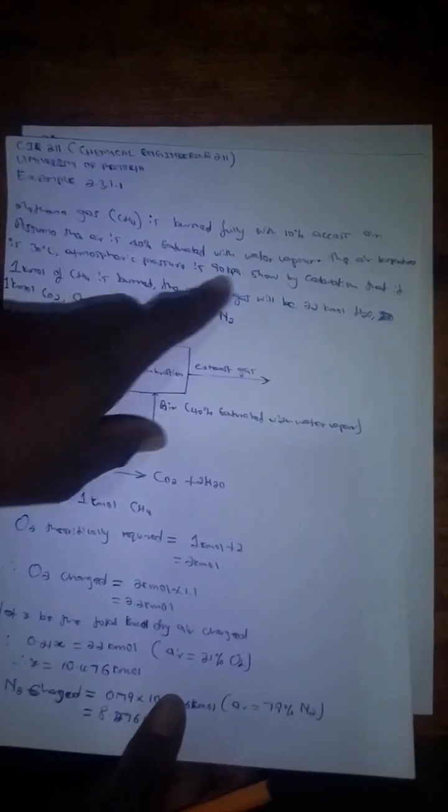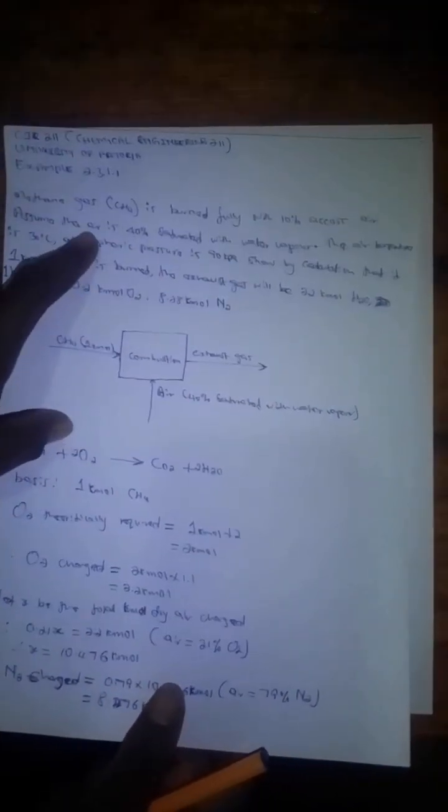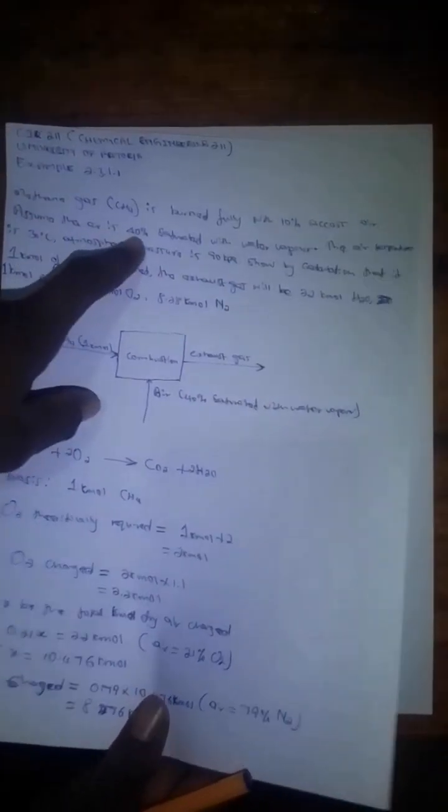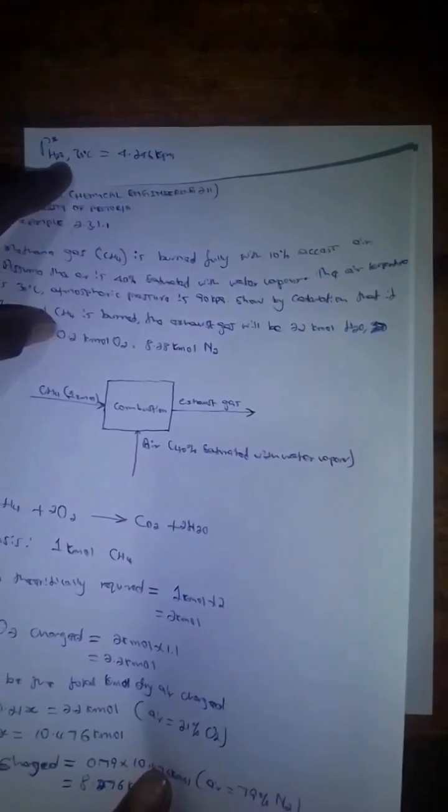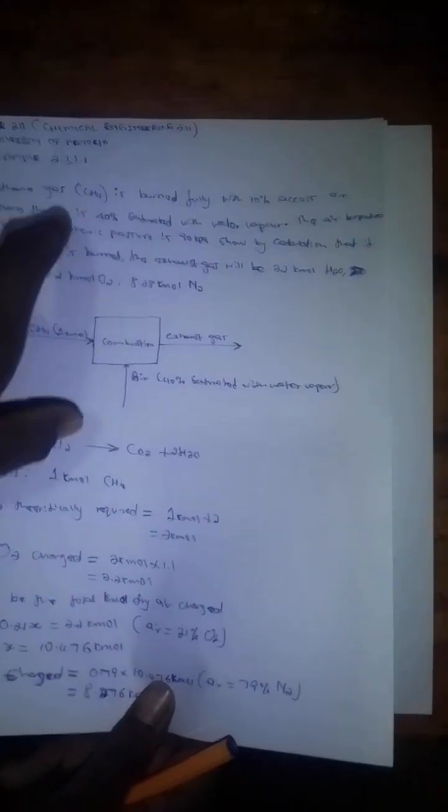What that basically means is that the partial pressure of the water vapor in the air is 40% of the vapor pressure of water at 30 degrees. So knowing that at 30 degrees the vapor pressure of water is 4.246 kilopascals, the partial pressure of the water vapor in this air is 40% of this amount, because they say it's 40% saturated with water vapor.